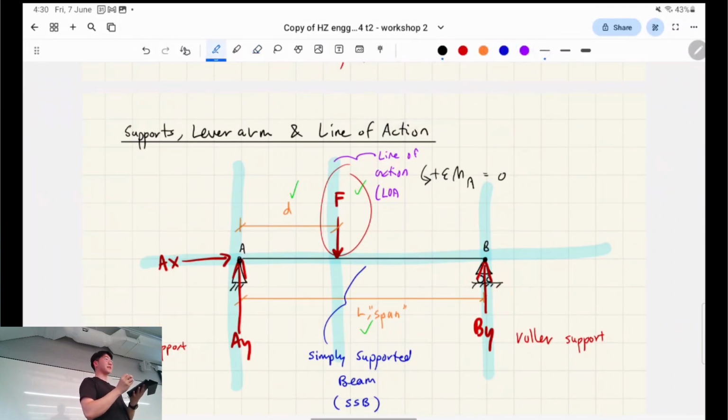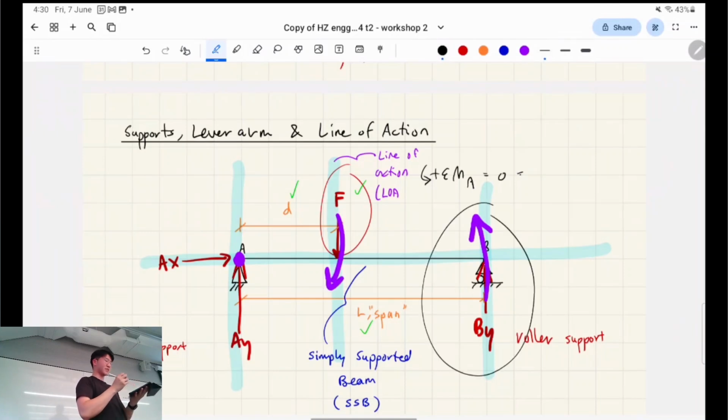So, sum of the moments about A is equal to 0, right? So we're taking the sum about here, so we're talking about this moment and this moment now. Let's look at B first. Is this going to cause a positive or negative moment?